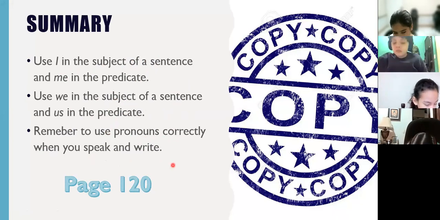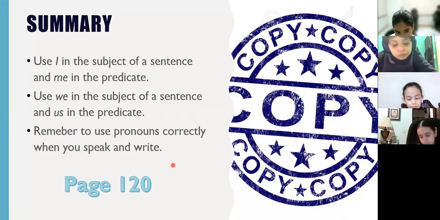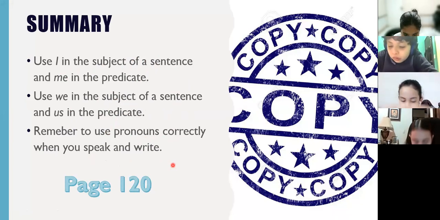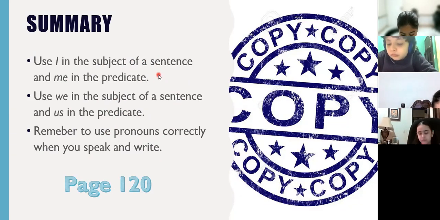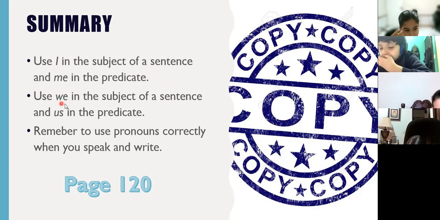So remember that one sentence is divided into subject and predicate. The subject is what we're talking about in the sentence. In the subject, we're going to look for the noun, and we're going to replace the noun with a pronoun. In this case, the pronoun I, or the pronoun we. It depends on what we're talking about.